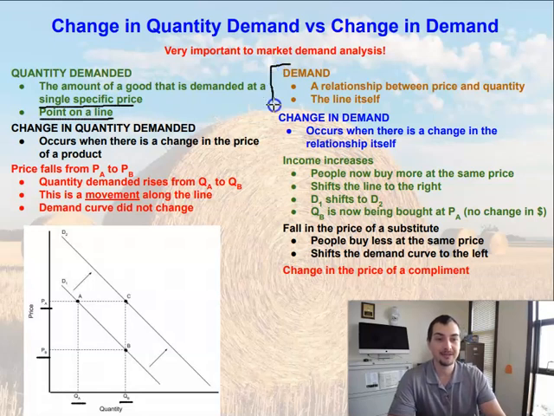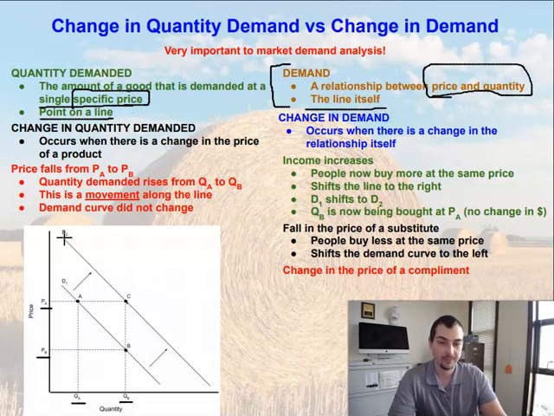Whereas demand is a different beast altogether. It is a relationship between price and quantity. Whereas quantity demanded is at a single specific price, it is a point, demand is the relationship between price and quantity. It's the line itself. This whole line shows a demand relationship between quantity and price.